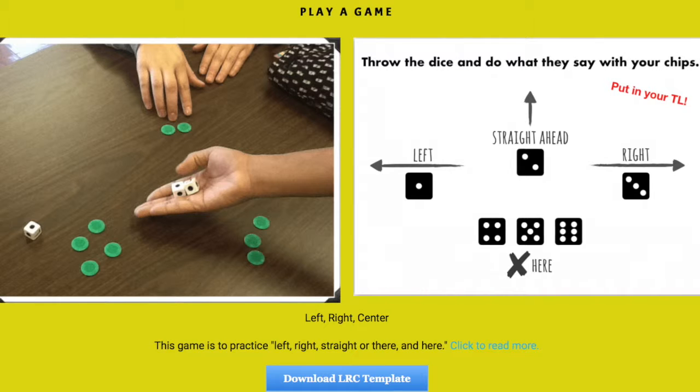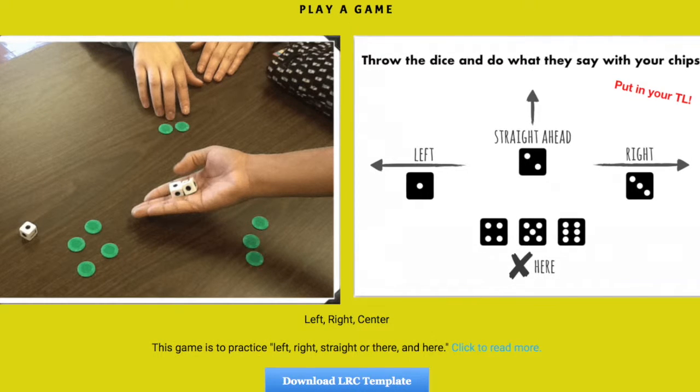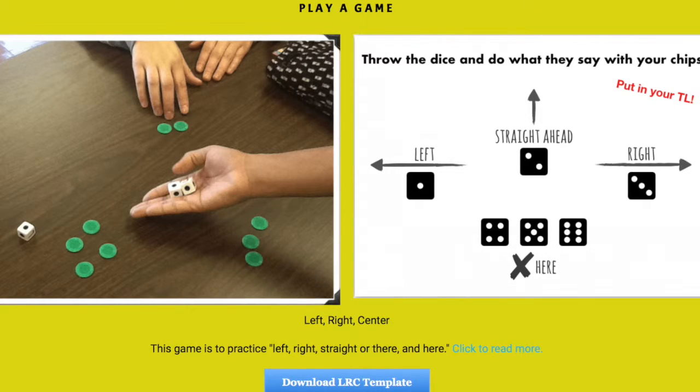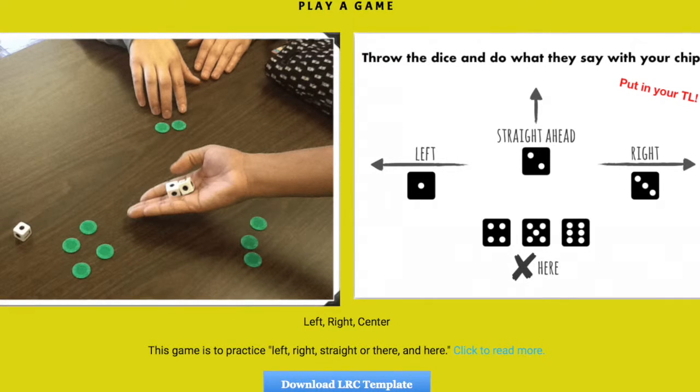So after they did this, we actually had a time where they did a scavenger hunt kind of activity through the classroom. I made up these signs and it gave them clues, and it was in the target language, and now we were adding in the verbs. So it was like, go down the hall, turn right, go 3 classes straight ahead, stop.